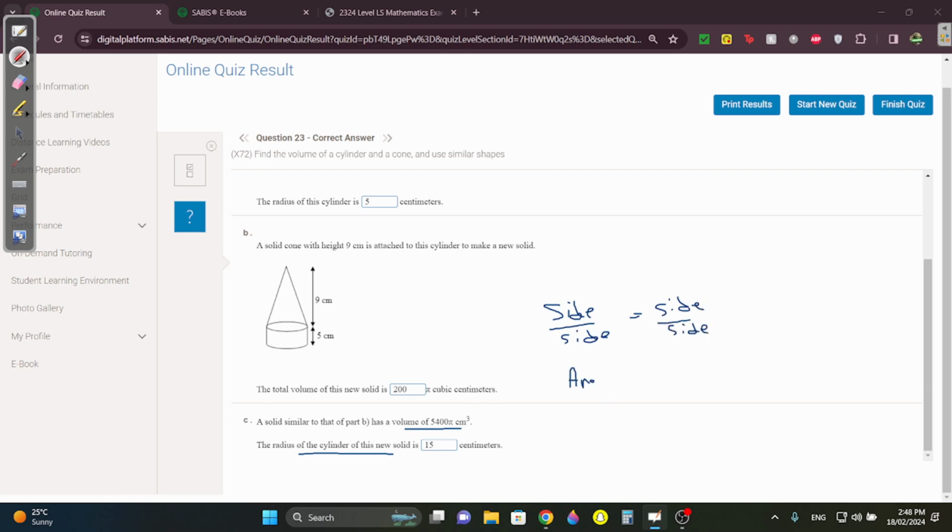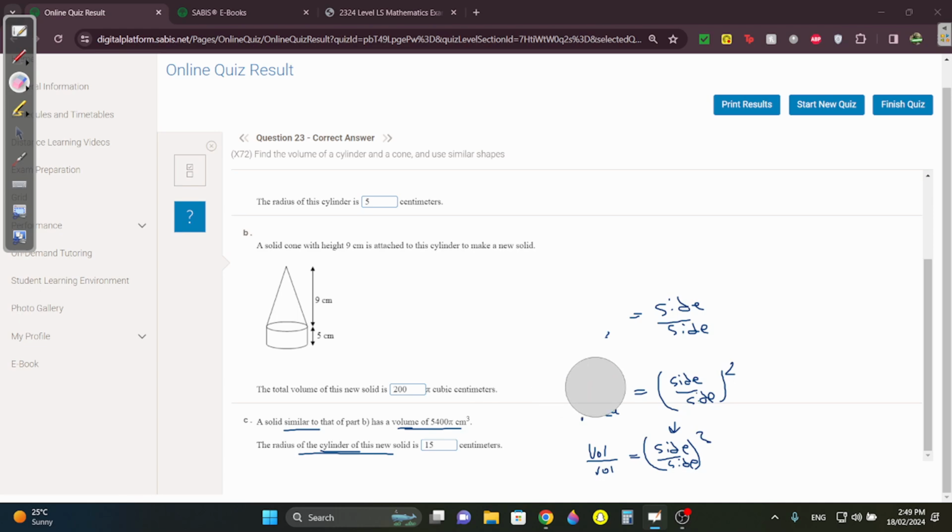Area over area is equal to side over side squared. Volume over volume is equal to side over side cubed. Exactly. In this case, we're talking about two similar volumes, so we're going to use cubes.